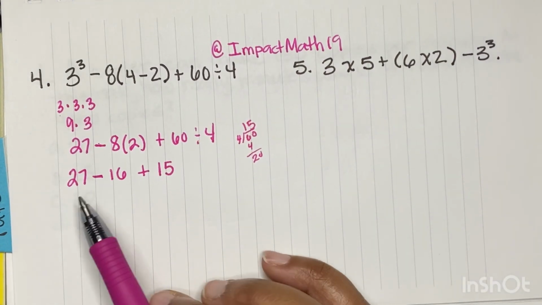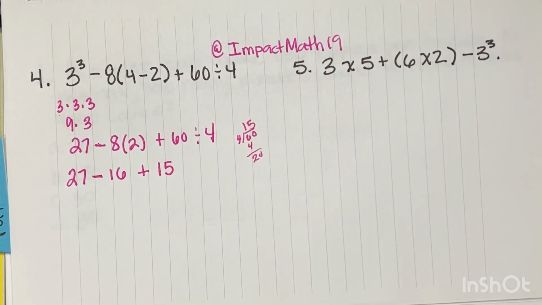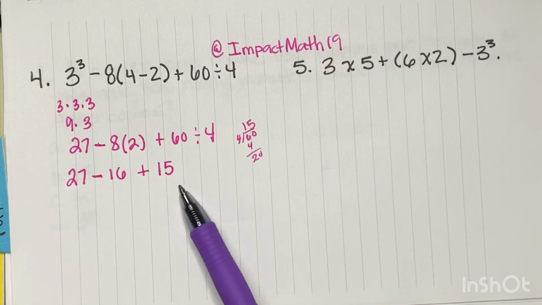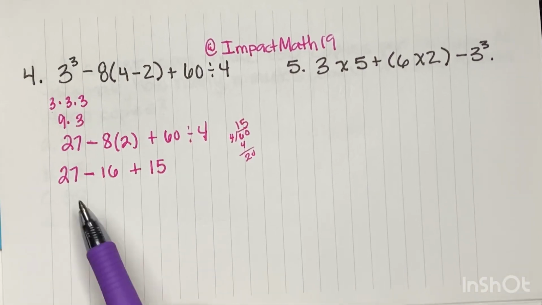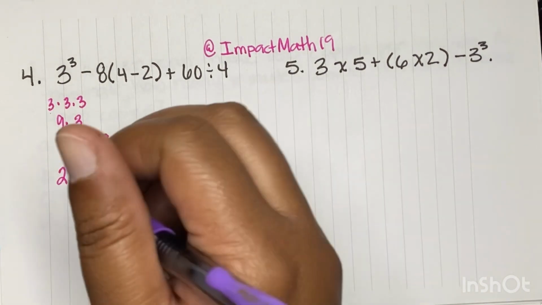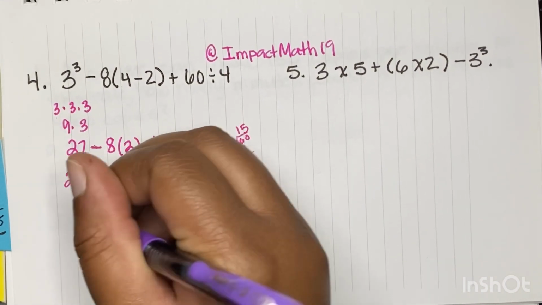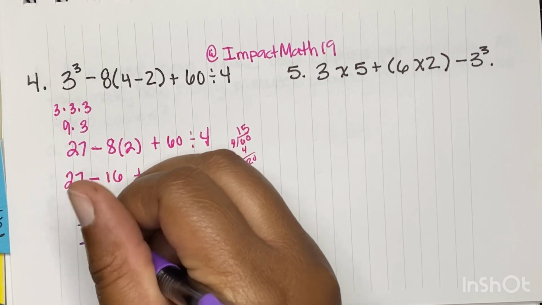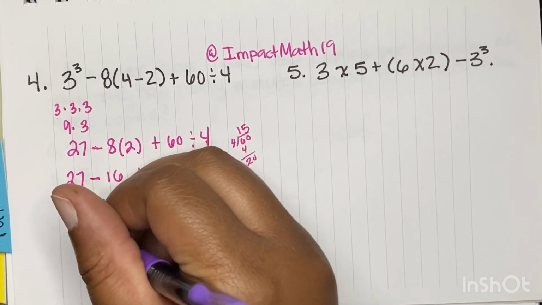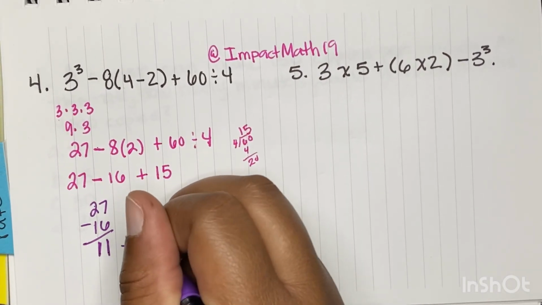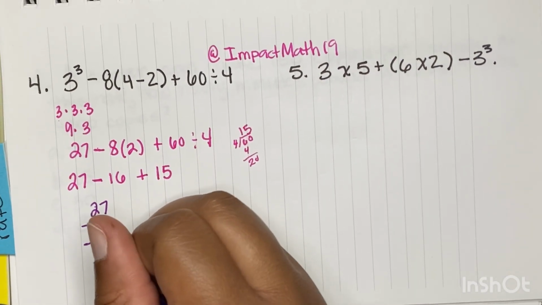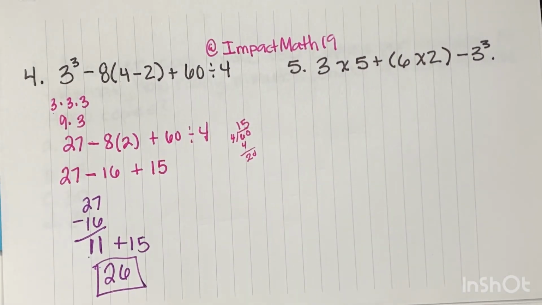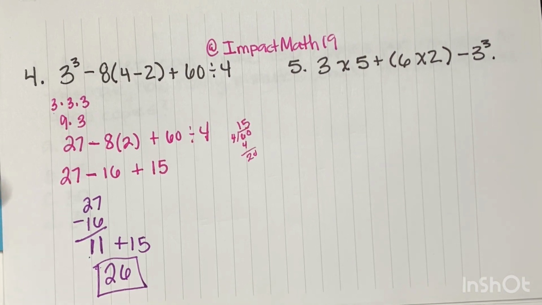Okay, so now whenever you have addition and subtraction, you got to work from left to right, okay, you guys? So let's hit it from left to right. So 27 minus 16 is 11 plus that 15. So 11 plus 15 gives us 26. And that is our answer for number 4.